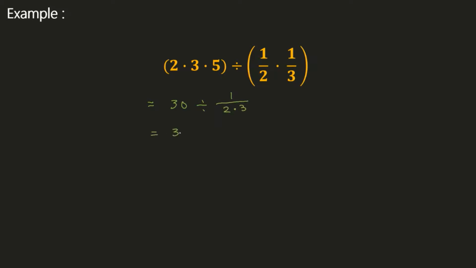And this is essentially 30 divided by 1 over 6. So 30 divided by 1 over 6 is the same as 30 multiplied by the reciprocal of 1 over 6. And the reciprocal of 1 over 6 we learned from earlier is 6. So the answer to this problem is 180.